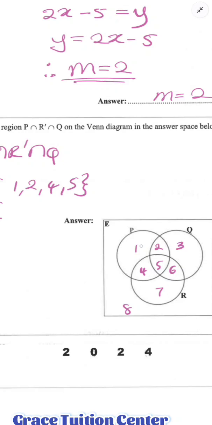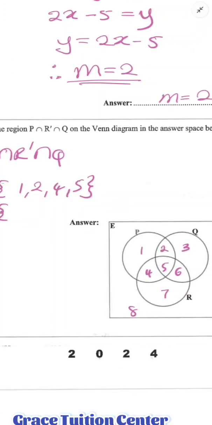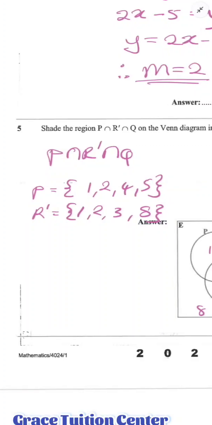Clearly we remain with 1, 2, 3, and the 8 out here. So I'll write 1, 2, 3, and 8. Now we have our P represented by these numbers.